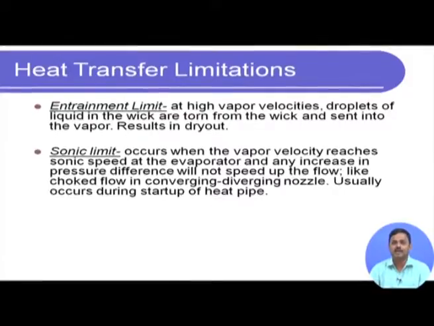Okay. So, that is called the entrainment limit. When the vapor velocity is very high, some of the liquid from the wick can get dissociated from the wick and join the fast moving vapor as droplets and flow through the core to the condenser section.